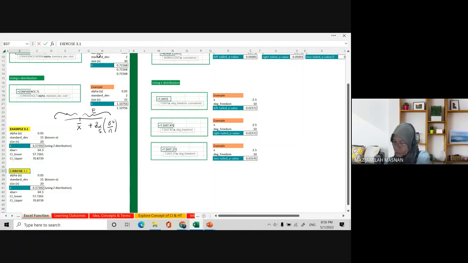Is it 3.2? No, sorry, there is an exercise 3.1. Sorry, I skipped. There is another, example 3.2. Let's say we do example 3.2 first, class. Sorry, I skipped one page. Example 3.2.